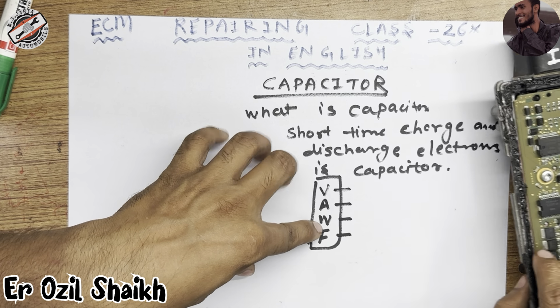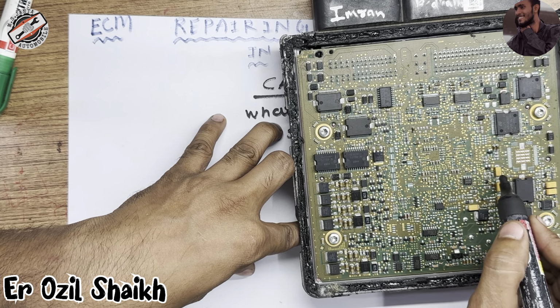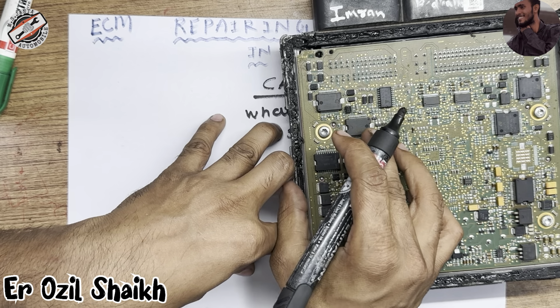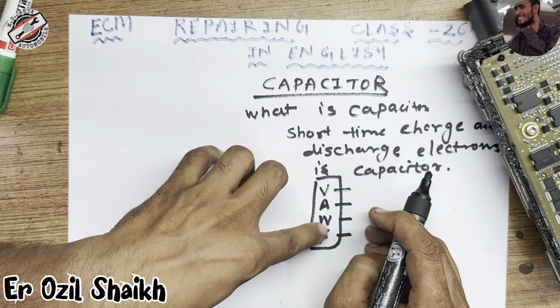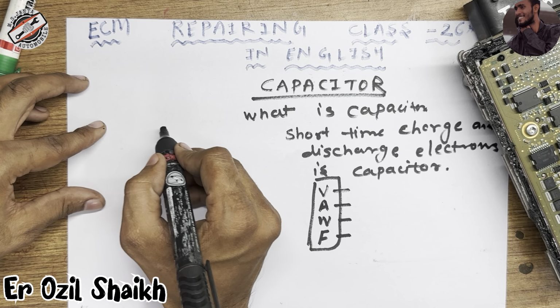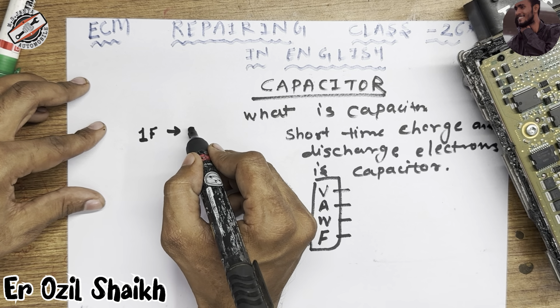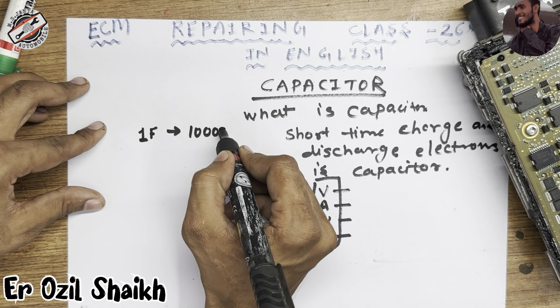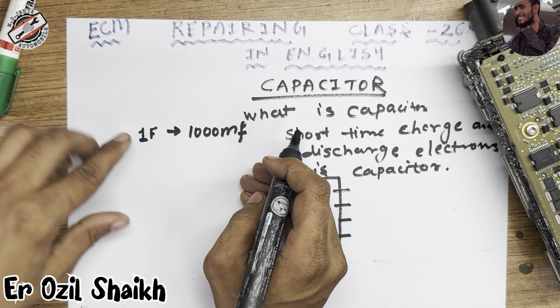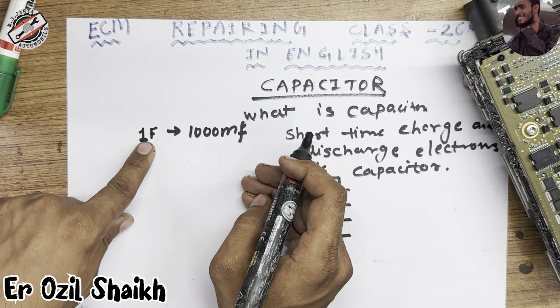You can see here this is a non-polarized capacitor, and this is also a capacitor, but it is written with some farad value. So what is farad? 1 farad is equal to 1000 millifarad.